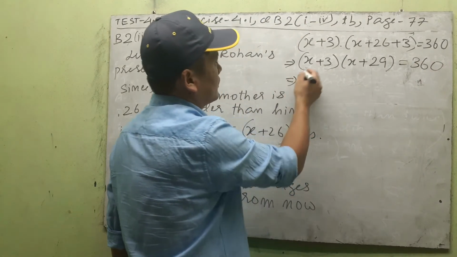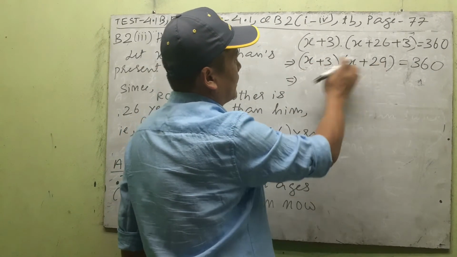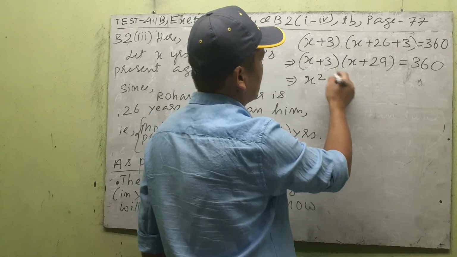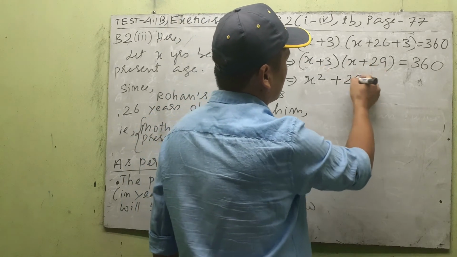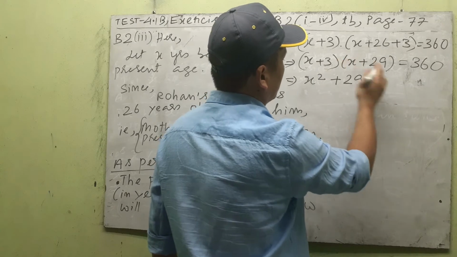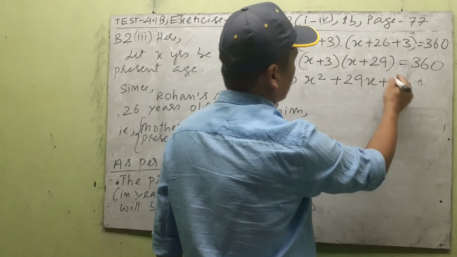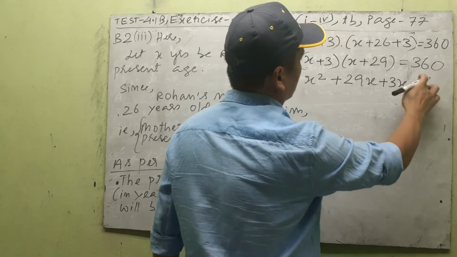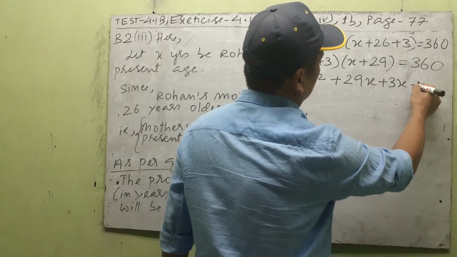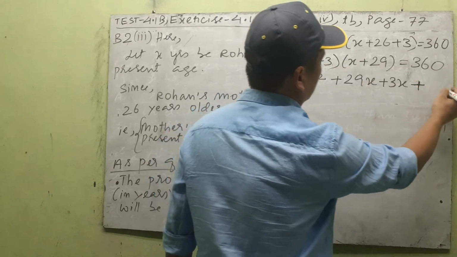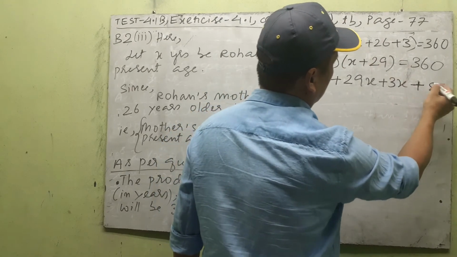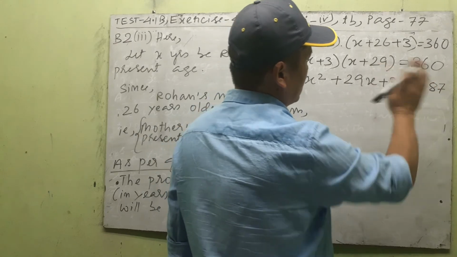Multiply: x into x, x squared, plus x into 29, 29x, plus 3 into x is 3x, plus 3 into 29 is 87.